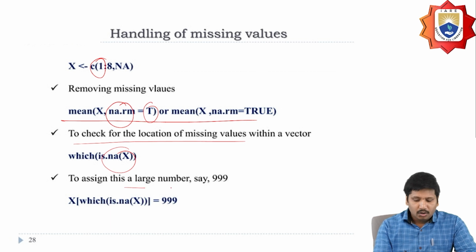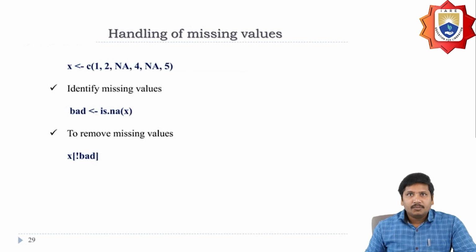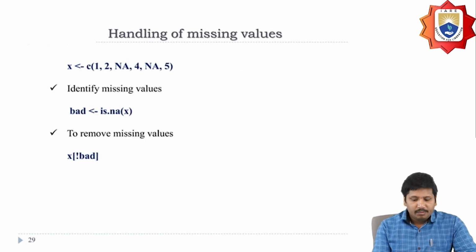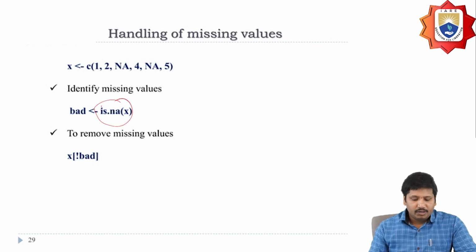And to assign a large number, I can write which of is.na of x is larger than 990. Like this, I can handle the missing values. And how can we identify the missing values? By making use of the is.na function.